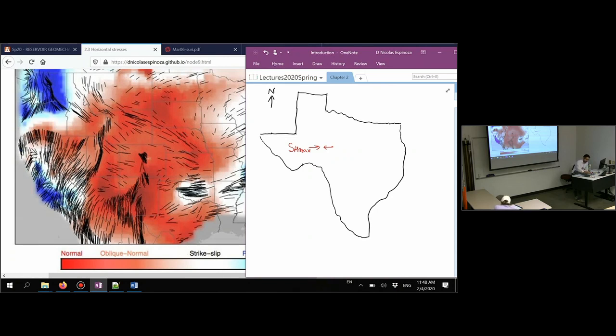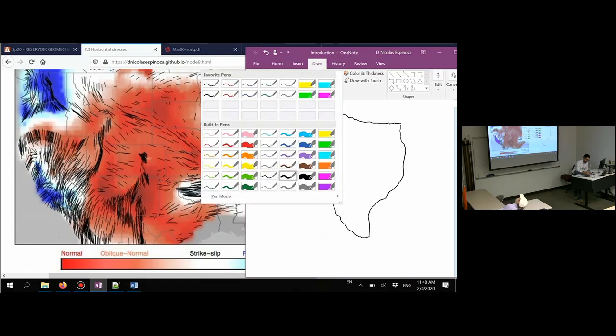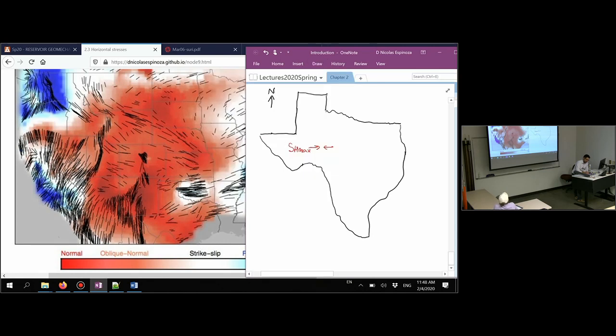We already answered before that in this particular location, we have a normal faulting stress regime, which means that the minimum principal stress is horizontal and the maximum principal stress is vertical. So we already know that those fractures are going to be vertical.